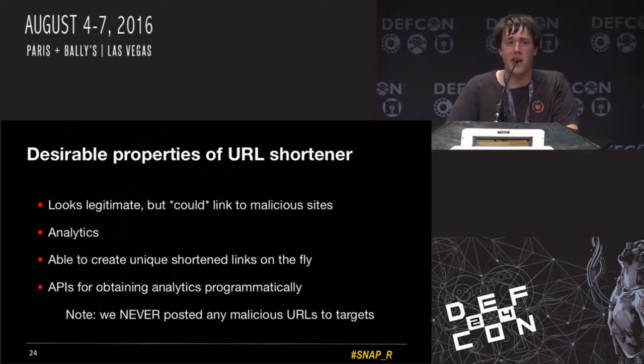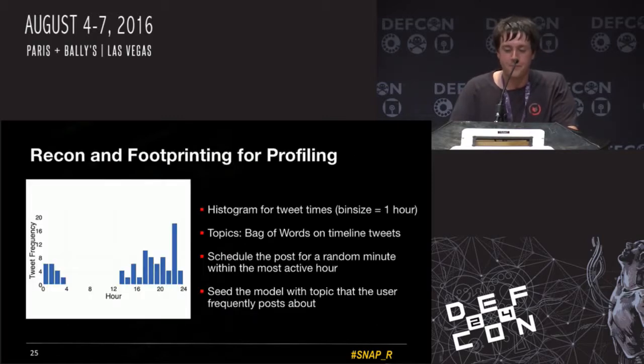Then you can also obtain all of these analytics programmatically, so there's really no manual process needed in this entire process. And we'll note that we never actually posted any malicious links to any targets. We just verified that you can shorten malicious links in here, so please don't get mad at us about that.